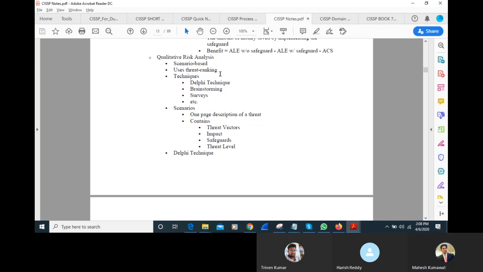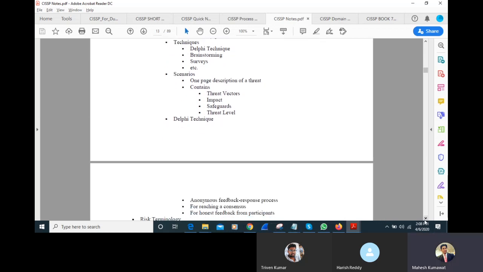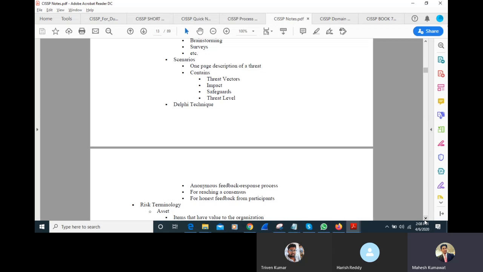It uses threat ranking, Delphi techniques, brainstorming sessions, surveys, etc. Scenarios are a one-page description of a threat, containing threat vectors, impact, safeguards, and threat level. So we have different techniques available for qualitative risk.